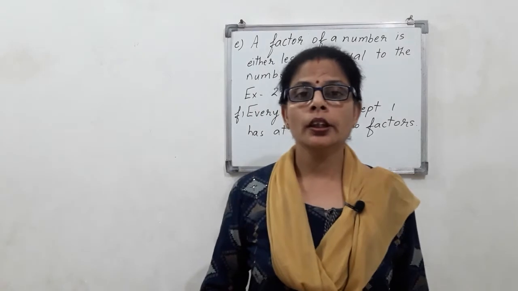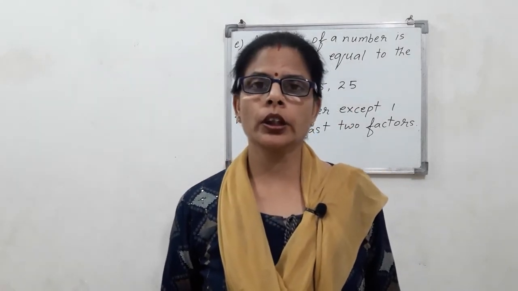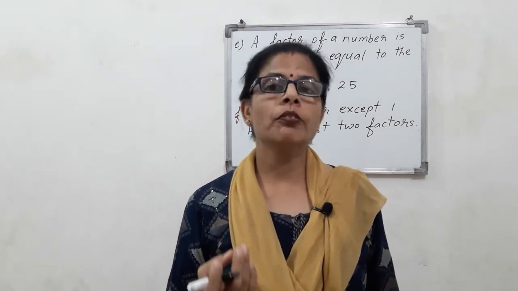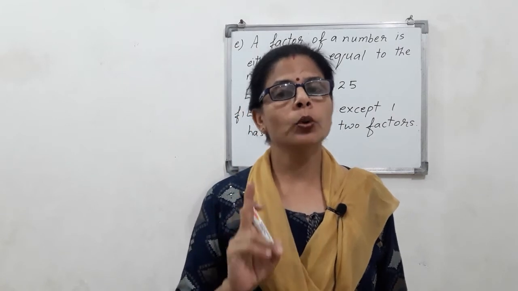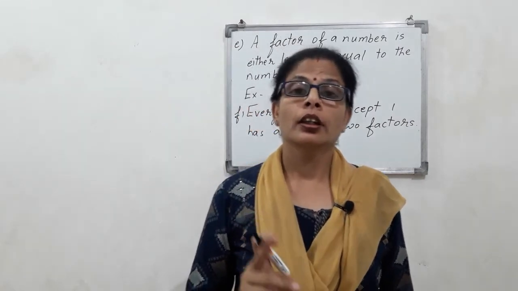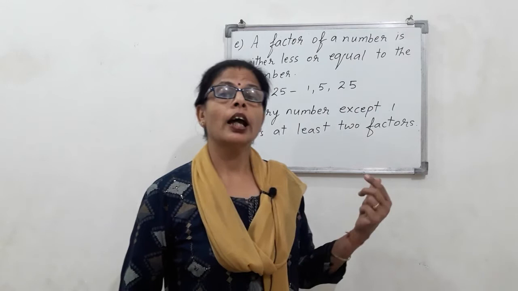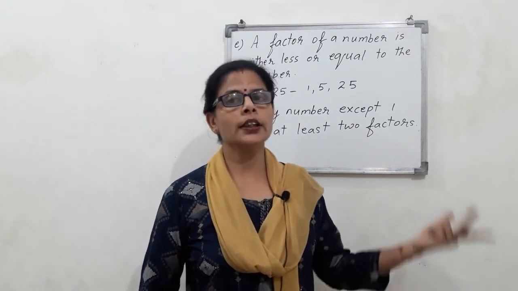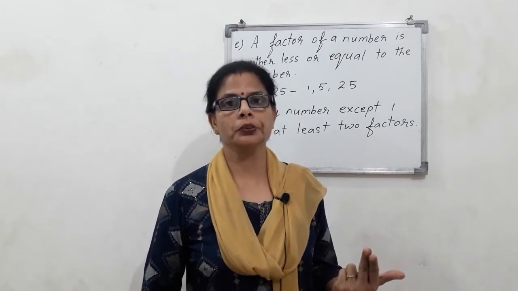But only 1 is that number which has only 1 factor. Every number has at least 2 factors. They can be more than that, but 2 will definitely be there.